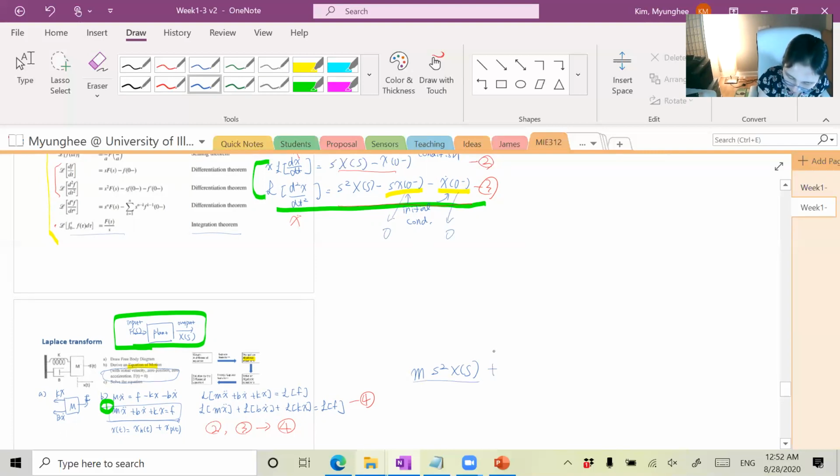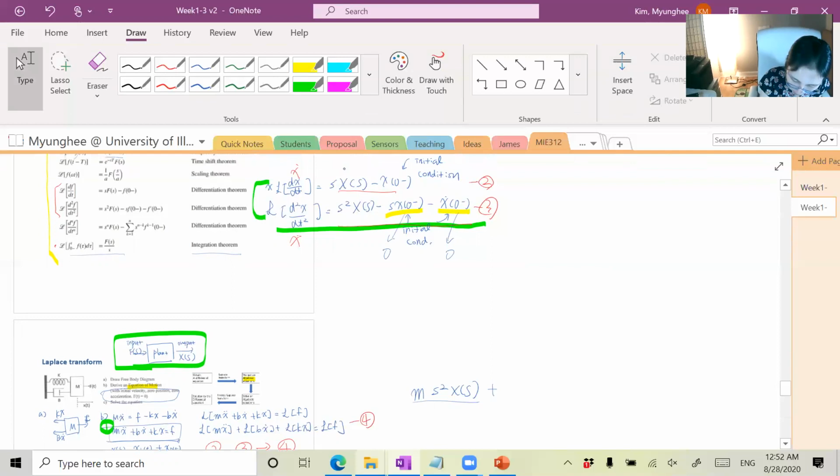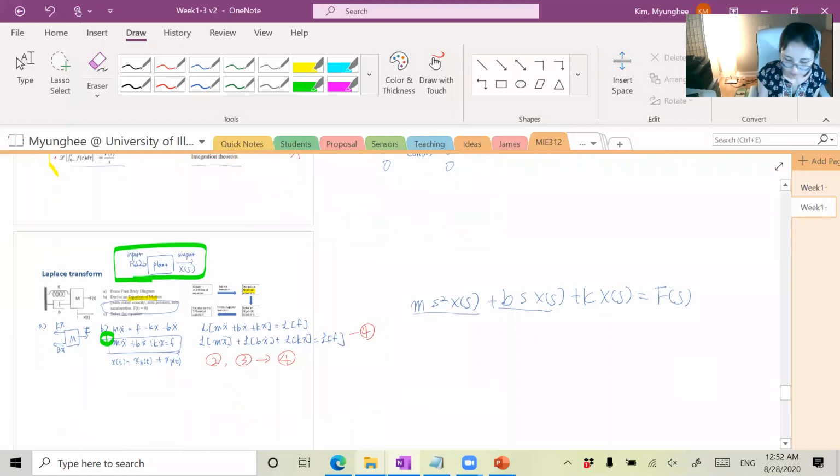And for b x dot, you can use this, b s X(s). And again, the initial condition is 0, so it has only this part. And then k X(s) equals F(s). So this is the result after taking the Laplace transform.